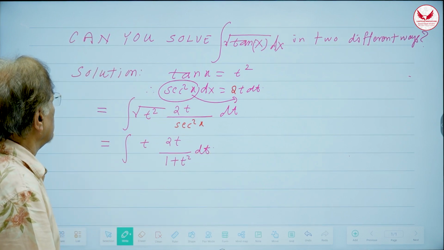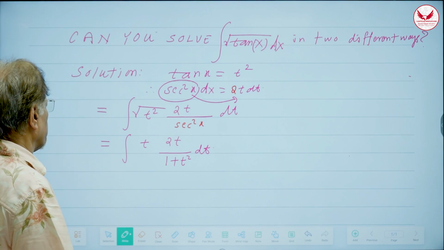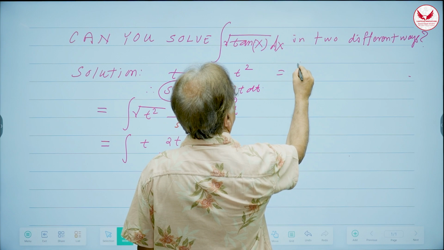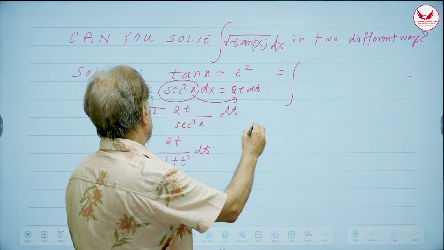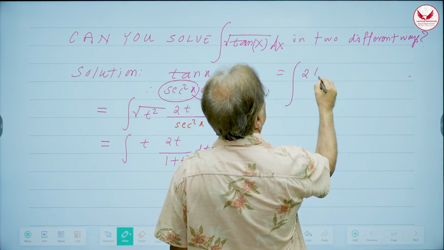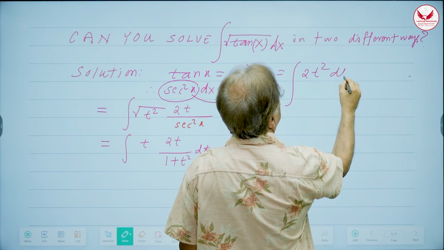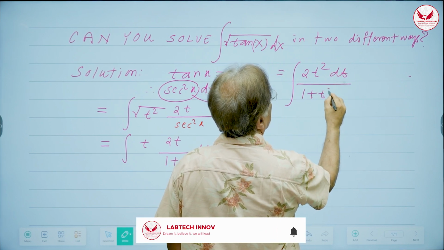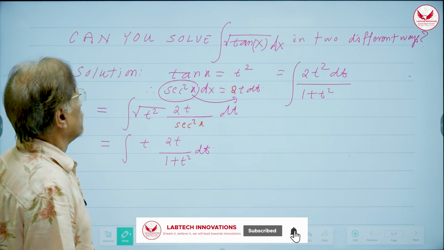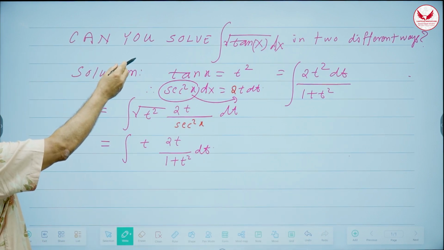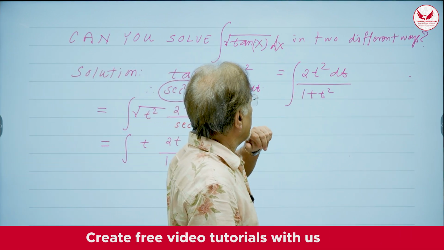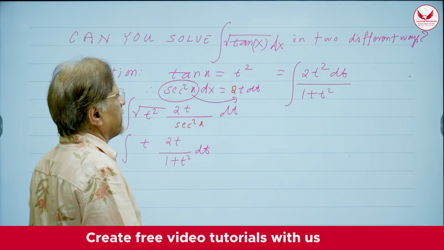So now you have this problem transformed into the integral of 2t square dt divided by 1 plus t square. So the root tan x problem is, after substitution and change of variable, converted into this problem. Now this problem I have to solve.